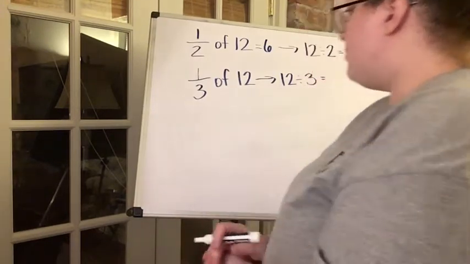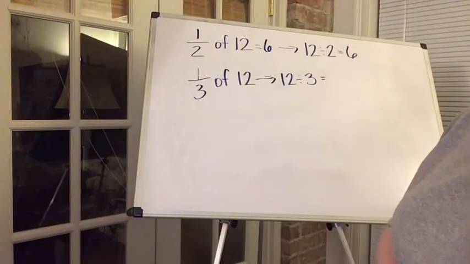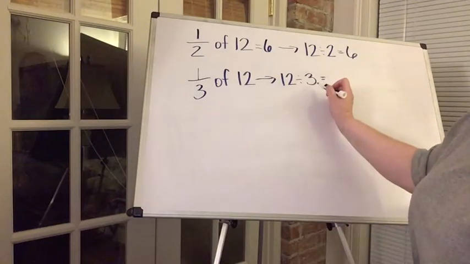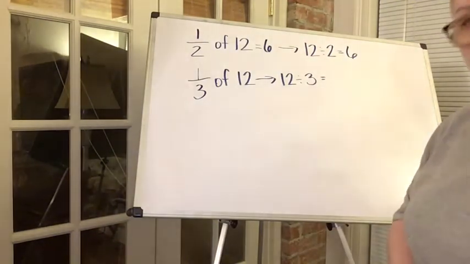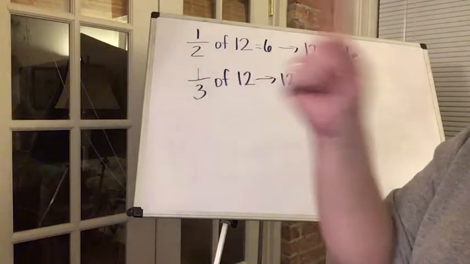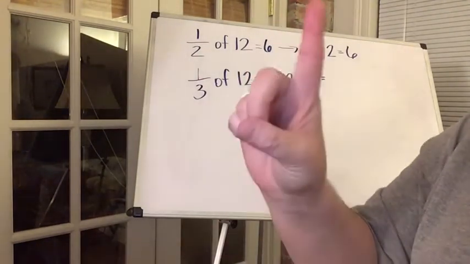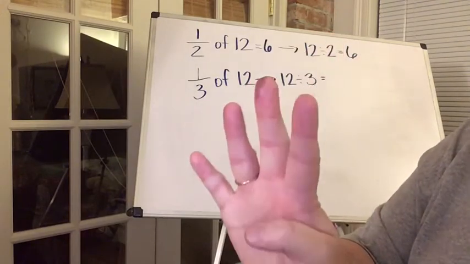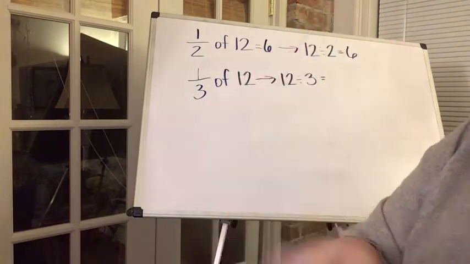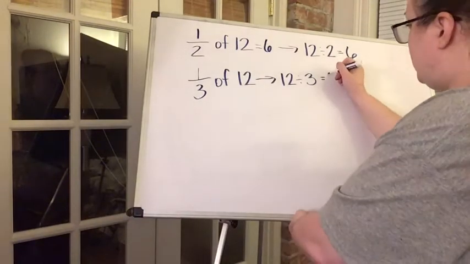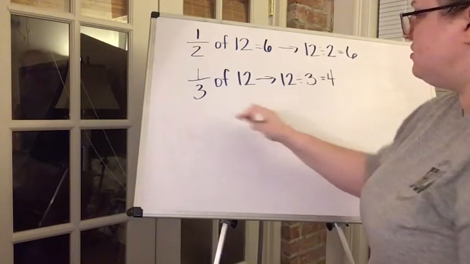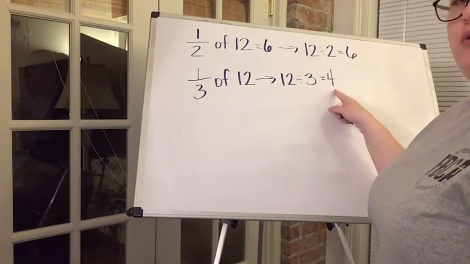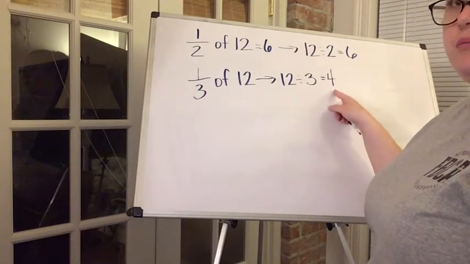Okay, so if your paper said circle 1/3 of 12, well, when we divide by 3, we count by 3s till we reach 12. You ready? 3, 6, 9, 12. So a third of 12 is how many? 4. So if your worksheet said circle a third of 12 flowers, you would only circle 4.